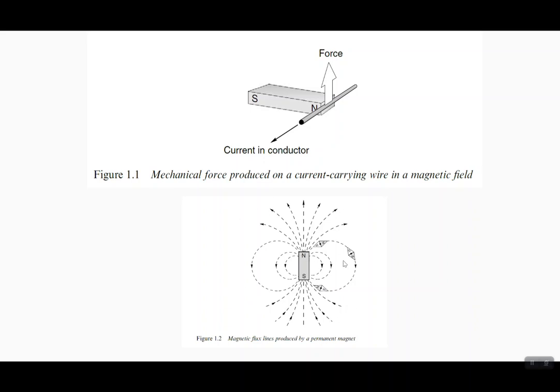So basically, if you just place a magnet on a surface and you try to monitor the lines of force using a compass, that's exactly what you will find out. Okay, let's carry on.